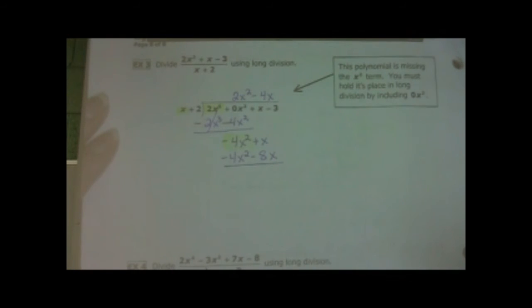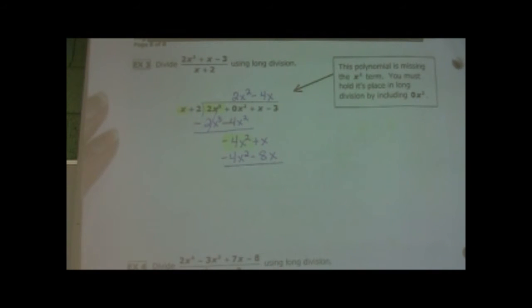So that's what I'm going to put up here. I'm going to multiply negative 4x times x plus 2 using distribution. So negative 4x times x is negative 4x squared. And negative 4x times 2 is negative 8x. Okay, change both signs.